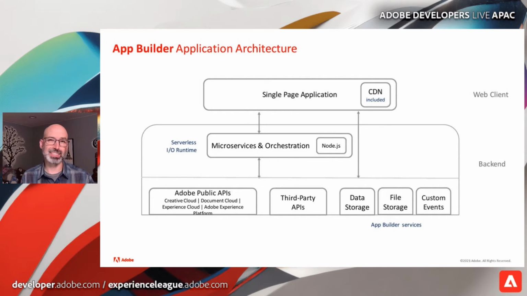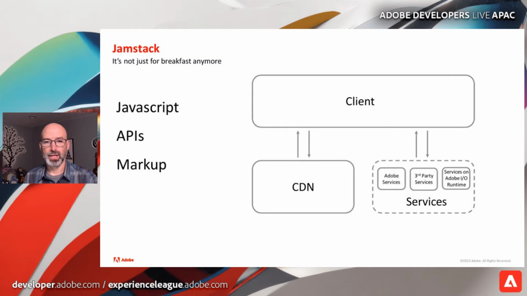That ties into public APIs, Adobe public APIs, third-party APIs, and data storage, file storage, and custom events are those services that you get out of the box. Jamstack, yeah, not for breakfast anymore: JavaScript, APIs, and markup. Essentially the client is communicating with the CDN and those services that I mentioned.